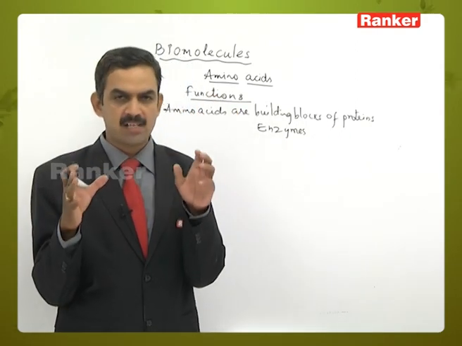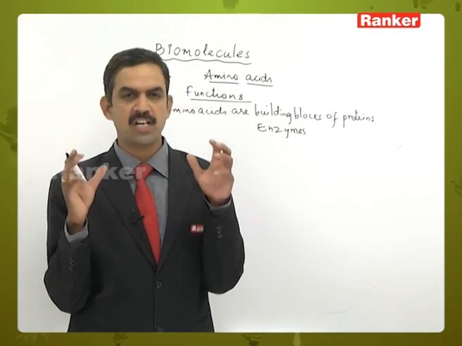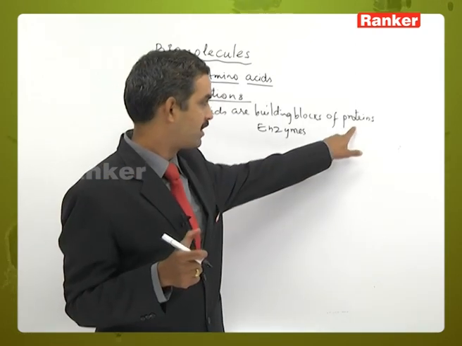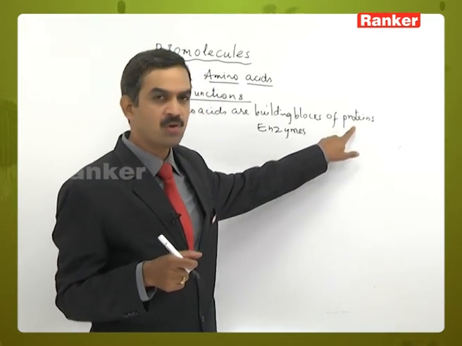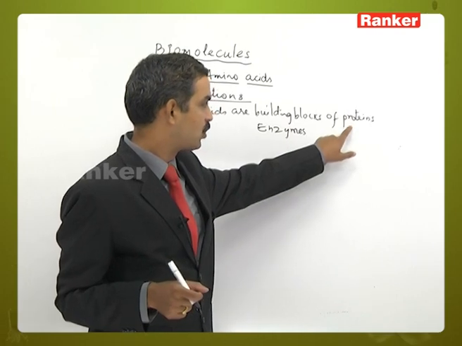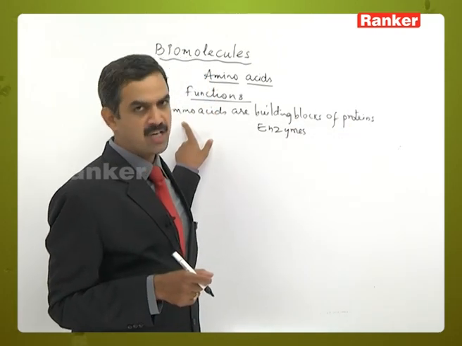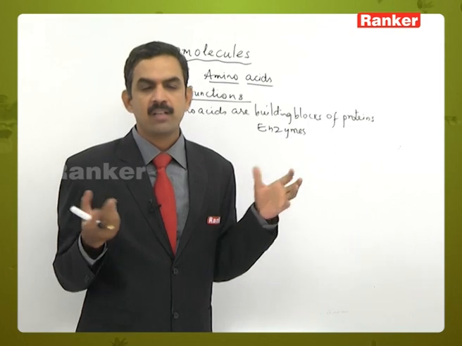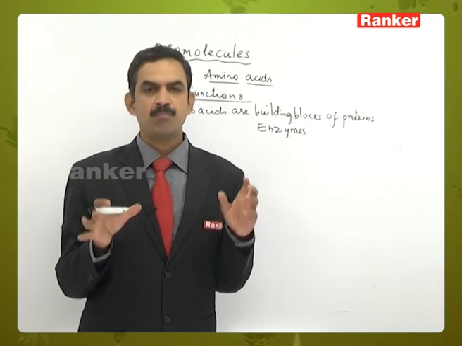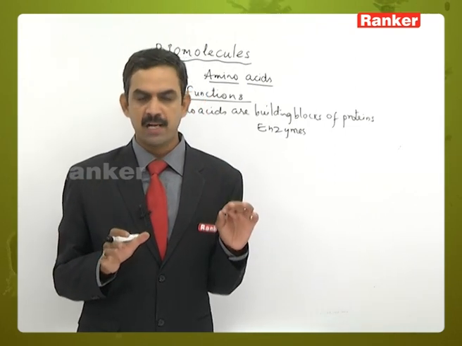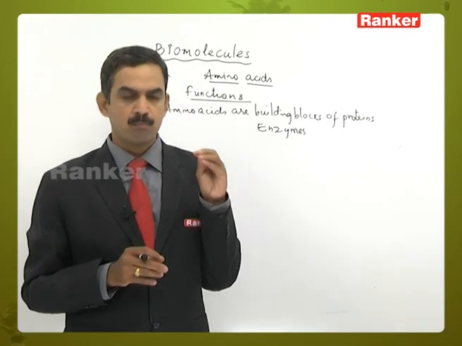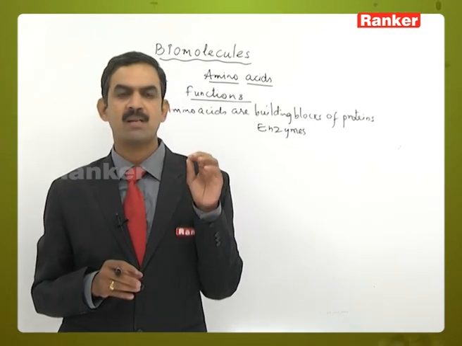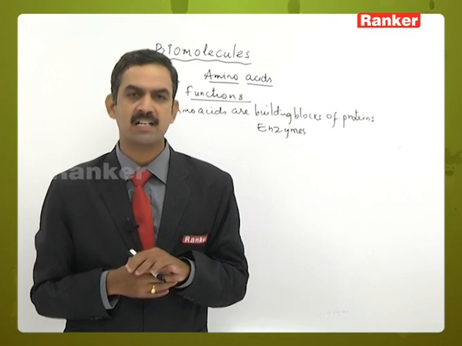So if an organism has to acquire a particular shape and structure, it is because of the major contribution of proteins. If those proteins are to be formed, they require amino acids. In the same way, inside a living cell, many biochemical reactions take place, and for those reactions they require enzymes which act as biocatalysts.